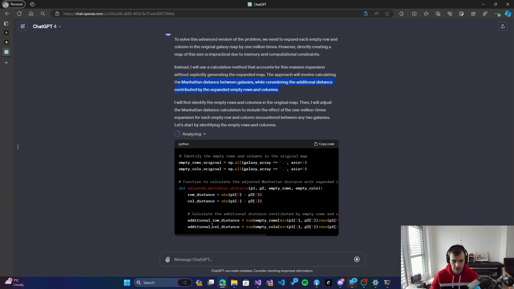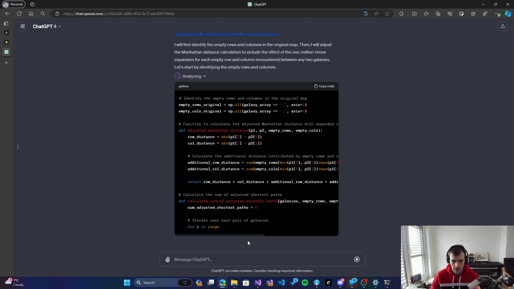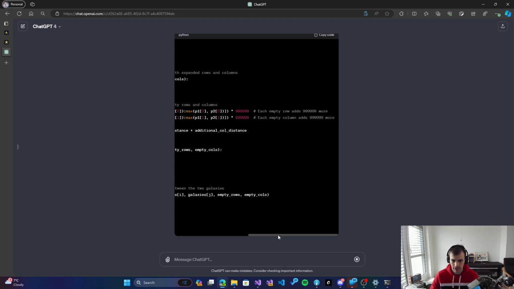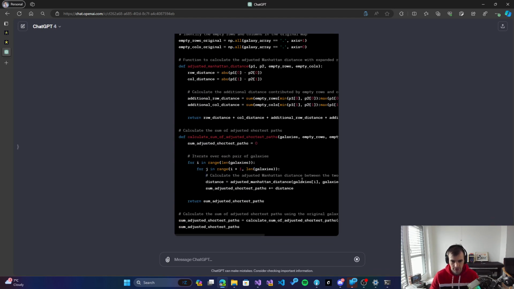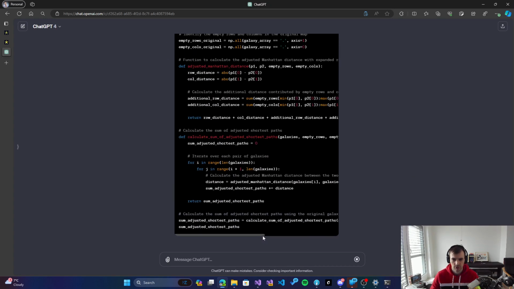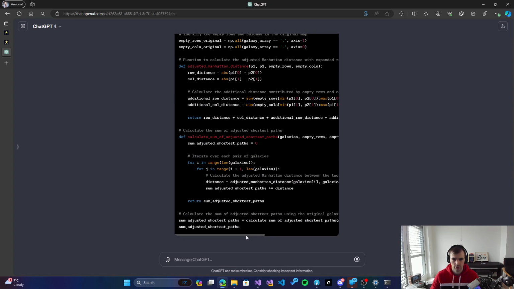It's going to calculate the additional row distance, so the number of empty rows, and then multiply it by 999,000. It seems that this could actually work. It's not completing yet, so I'm not sure what's going on, but this seems like the correct solution.